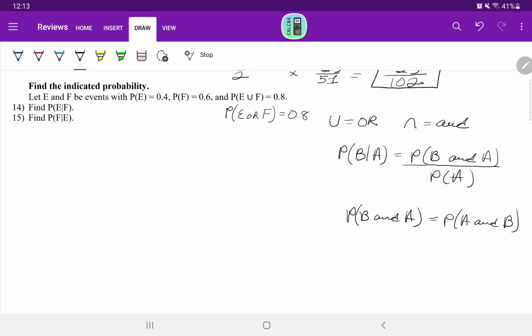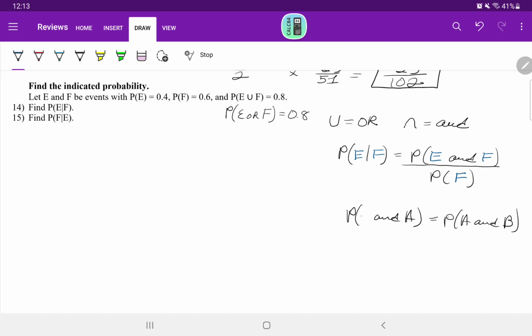So, my events are E and F in this case. So, I'm going to replace my B and my A with E and F. So, E here, F there, E here, F there, and F down here.